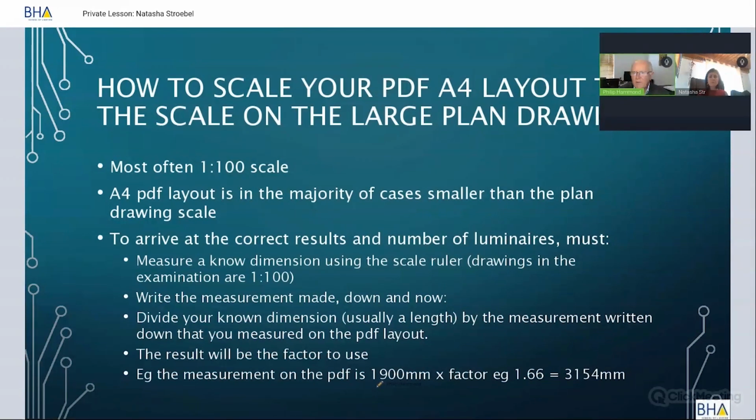So if I measured 1,900 millimeters on the drawing and applied the factor of 1.66, it would be 3,154 millimeters on the actual architect's drawing. So there's a little process, but I'll tell you how to cope with that using Excel, a spreadsheet.